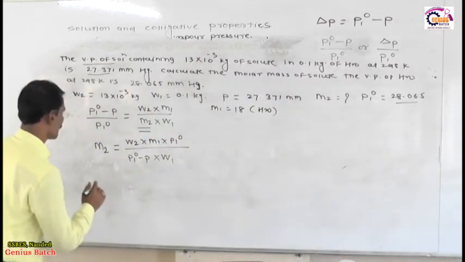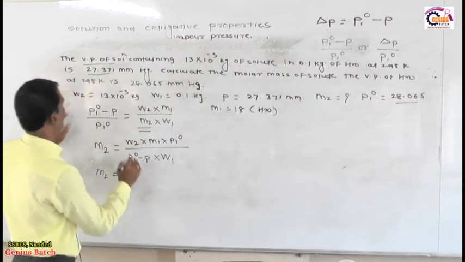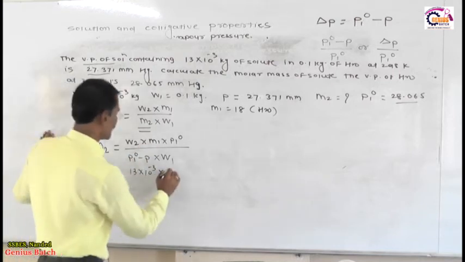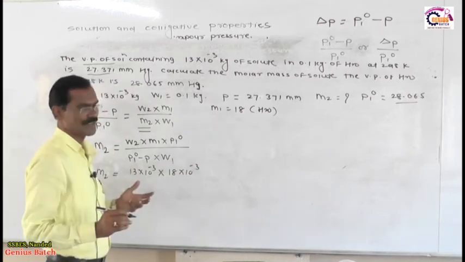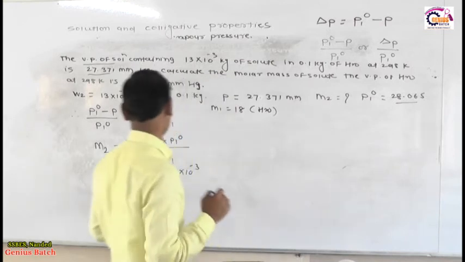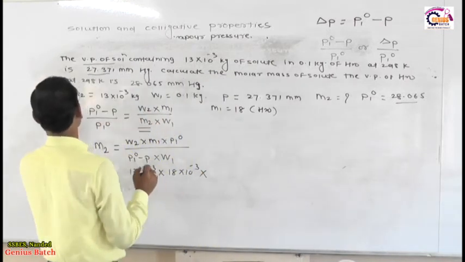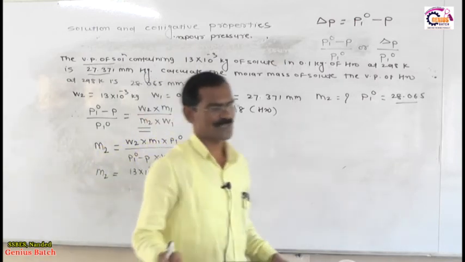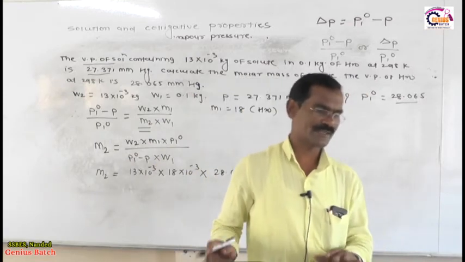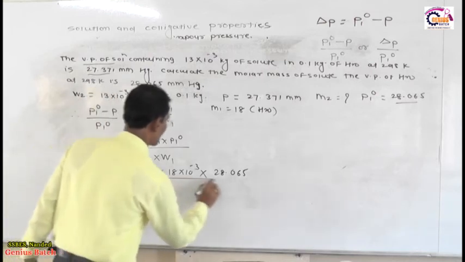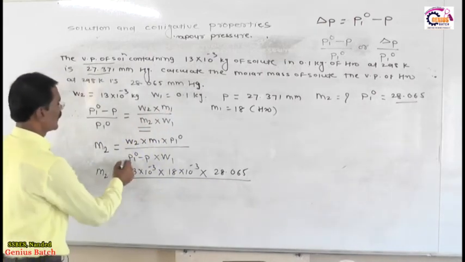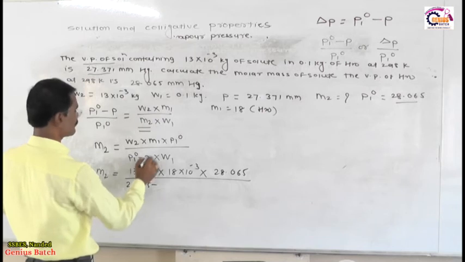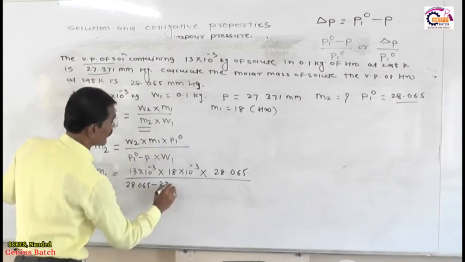After this rearrangement, put in the values of all the given data. M2 is equal to, the value of W2 is 13 into 10 raised to minus 3, then into M1, which is 18 into 10 raised to minus 3, because this becomes kilogram, into the value of P10, which is 28.065, the vapor pressure of pure solvent, divided by P10 minus P. The value of P10 is 28.065 minus the value of P, which is 27.371.